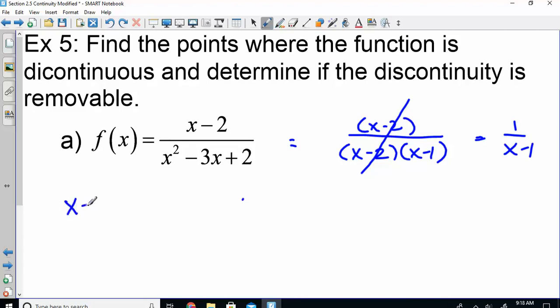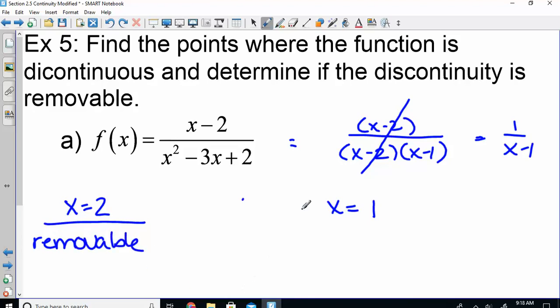So that means it is removable at 2. So there are 2 points where this graph is discontinuous: when x is 2 and when x is 1. At x equals 2, that is removable because it canceled out. At x equals 1, what kind is that? It's not going to be removable because it didn't cancel.